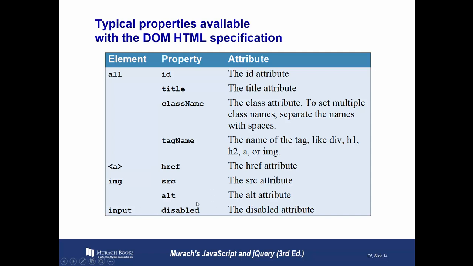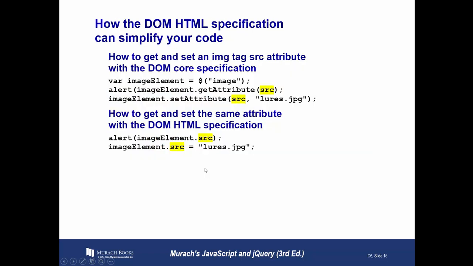Input elements, as an example, can be disabled. So the DOM spec, as they mention in here, can simplify your code. Once you understand how the DOM works, you can use it behind the scenes to add interactivity to your web page by using the DOM HTML spec.